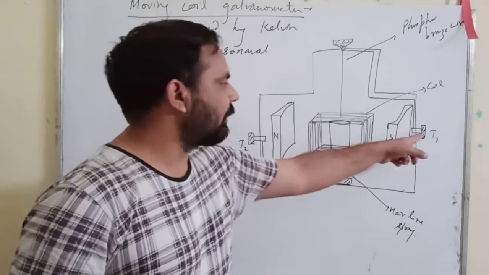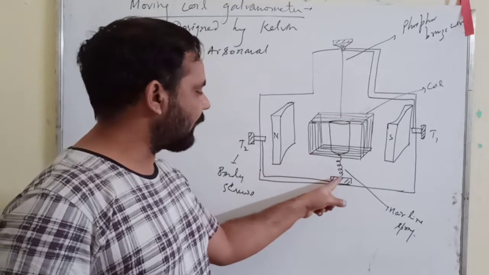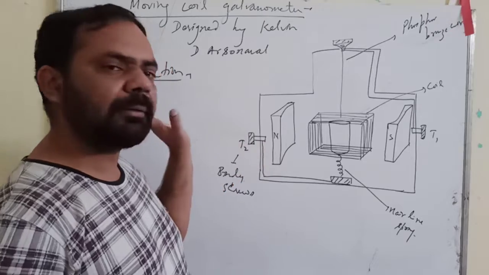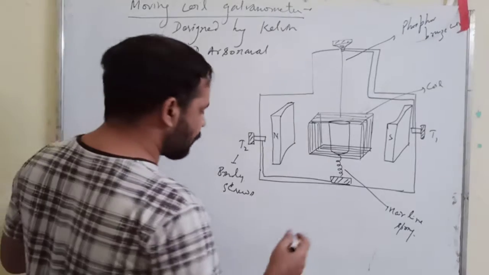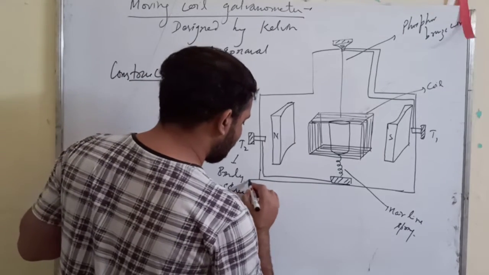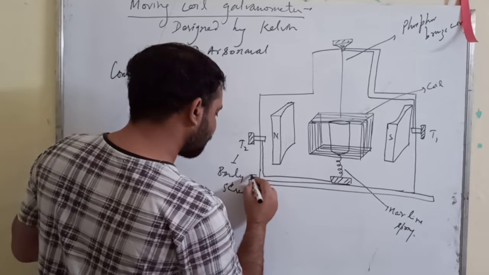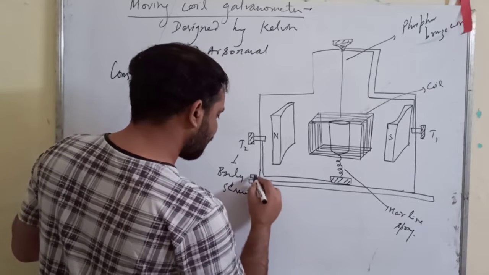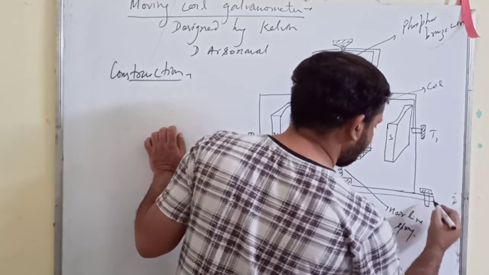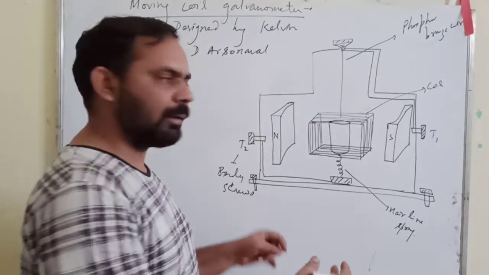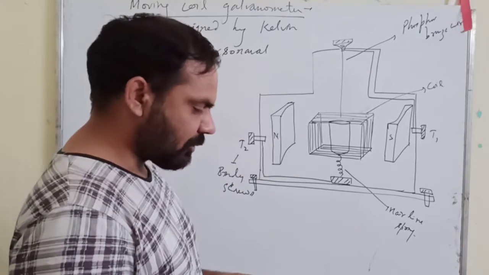Now the whole arrangement is placed on a base, and it has four leveling screws. These are leveling screws to level the position of this galvanometer.